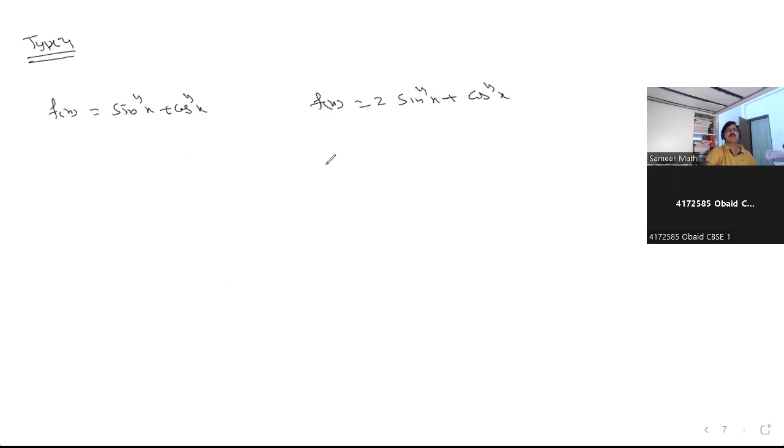Will it be the same period? No. Definitely the period is going to be affected over here. How do you see this now? You can't take the period of this one directly, because powers are there, so you can't take the period as same as whatever you have learned, that is 2 pi. You can write pi by 2. Why? Here power 4 is there. See this?